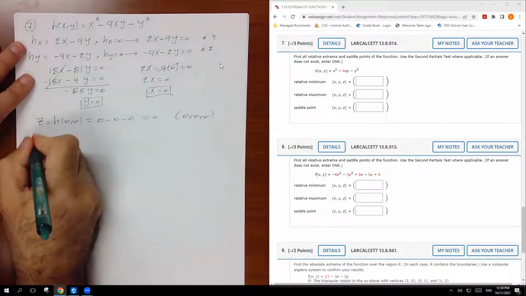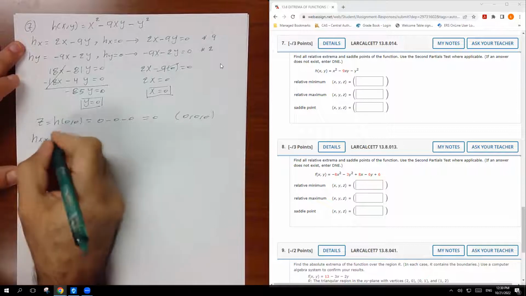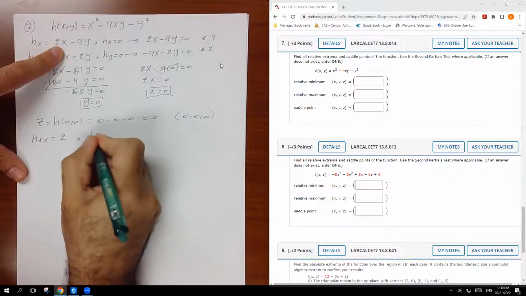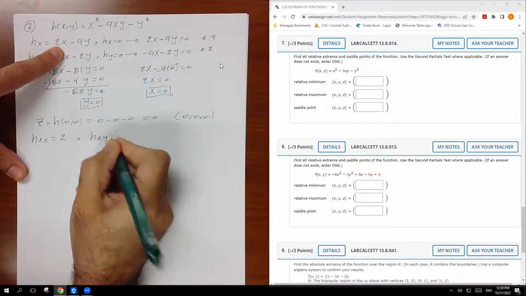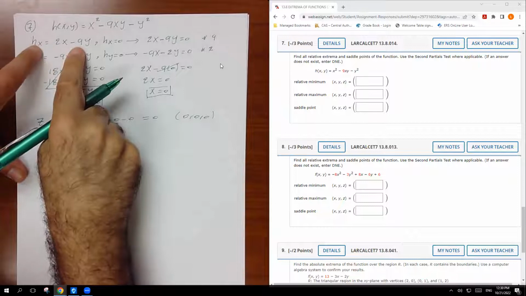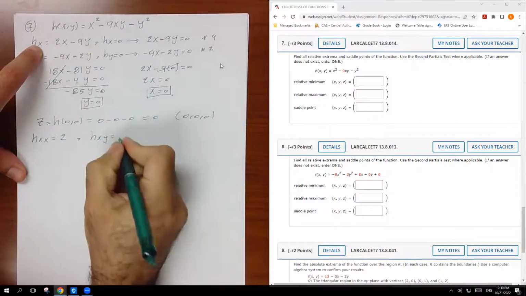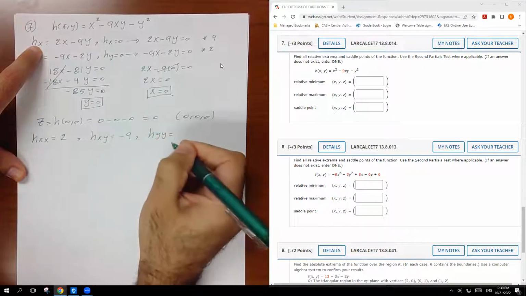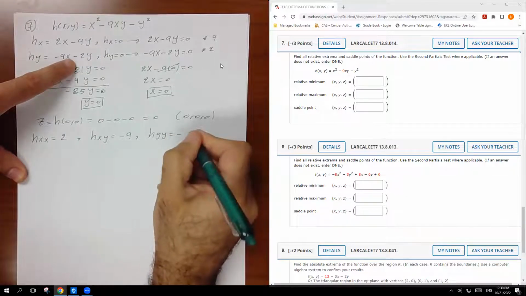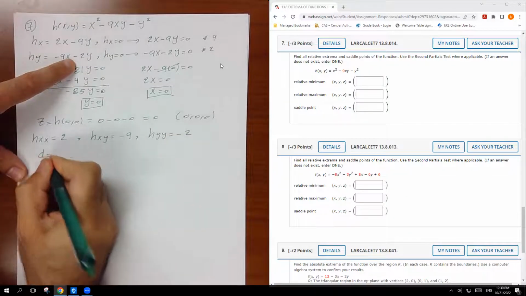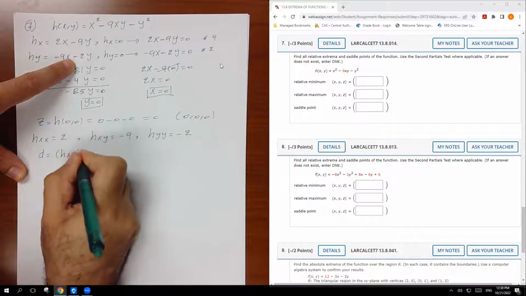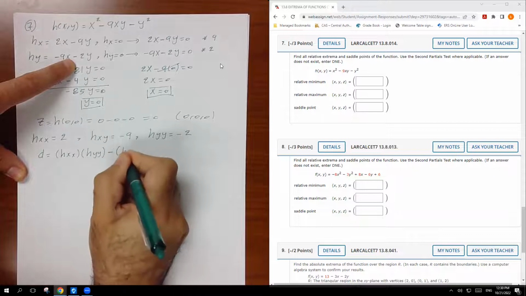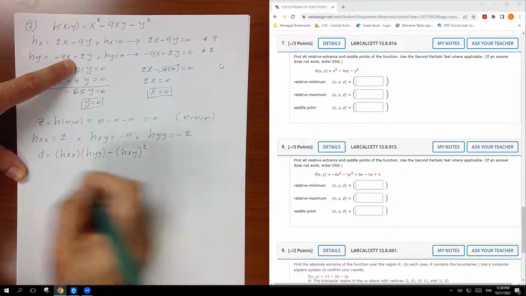Let's find h sub xx, which is going to be 2. h sub xy, with respect to y. Here's h sub x. We're going to find the derivative with respect to y, which is going to be negative 9. And h sub yy is going to be negative 2. So our D is going to be h sub xx times h sub yy minus h sub xy squared.